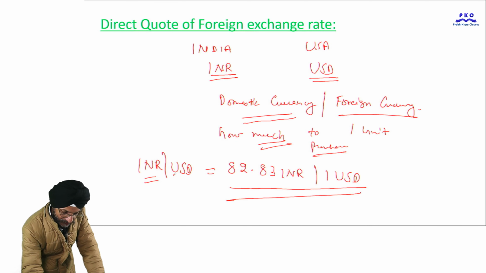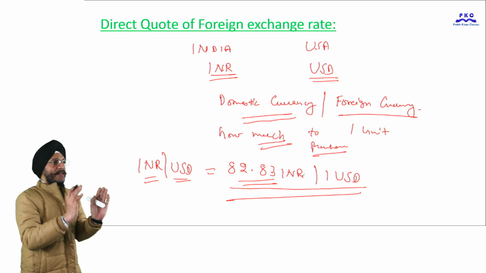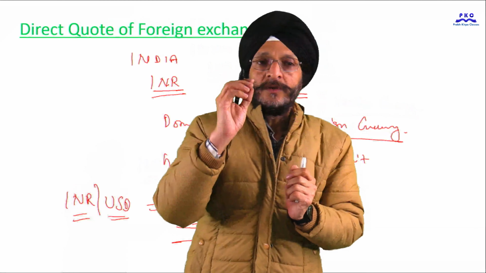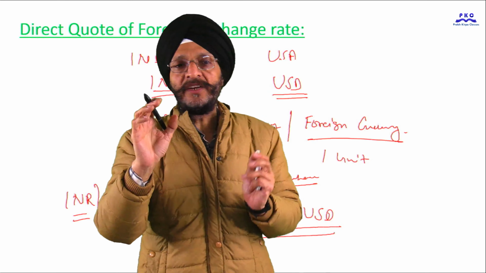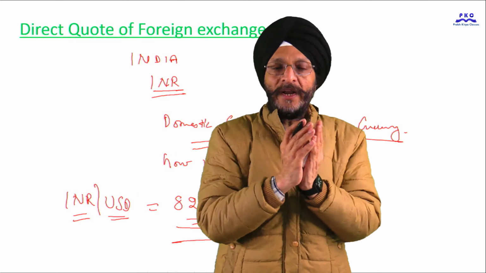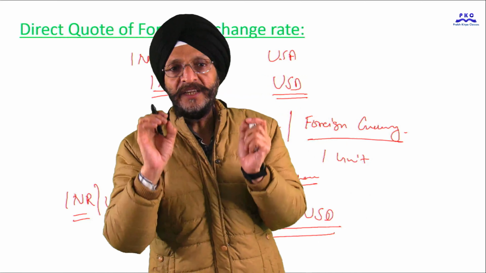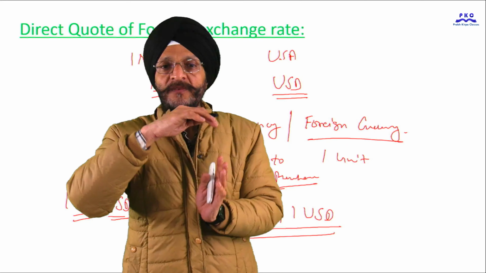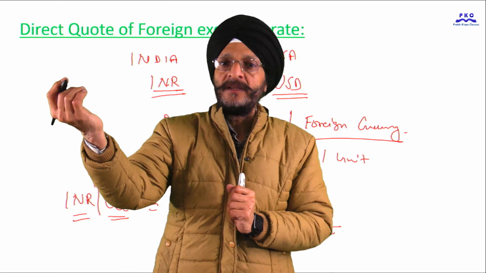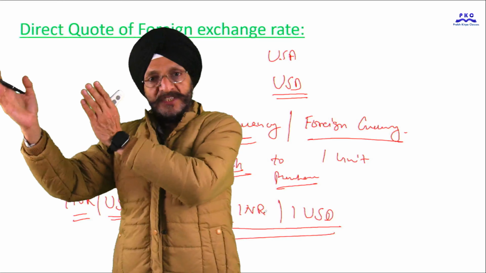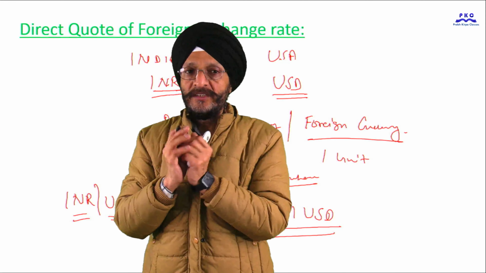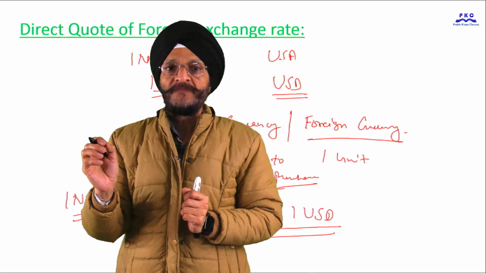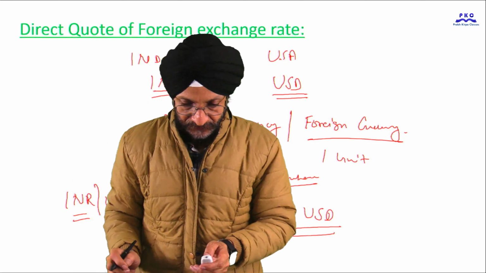Value of INR is 82.83. To get 1 US dollar, we will be paying 82.83. That is, we will be required to pay 82.83 Indian rupee to get 1 unit of other currency, which is US dollar.